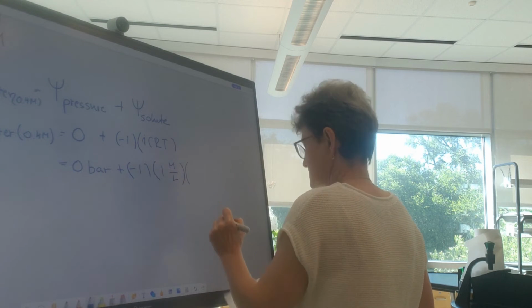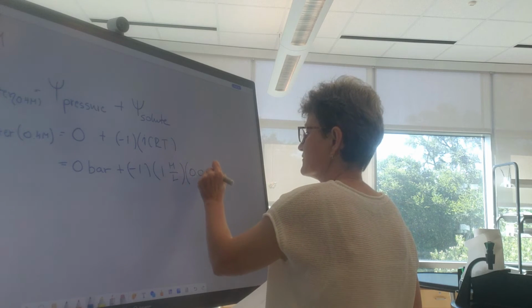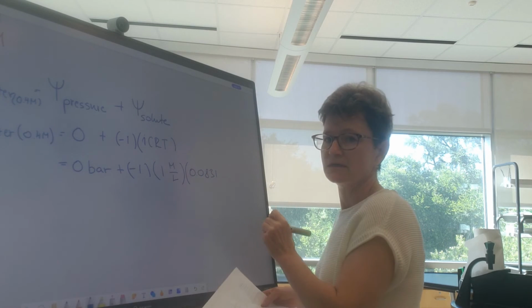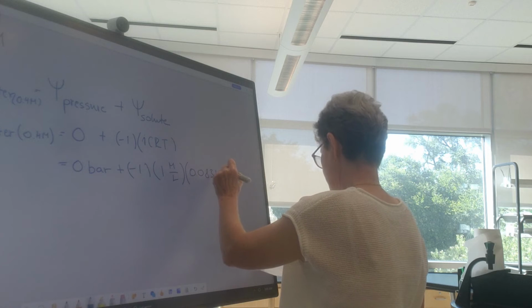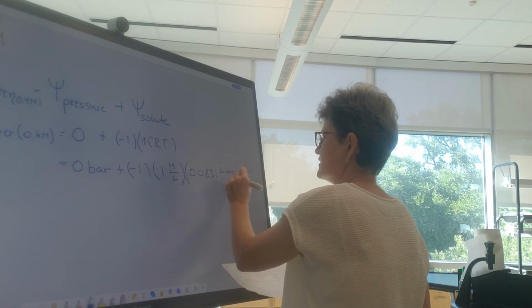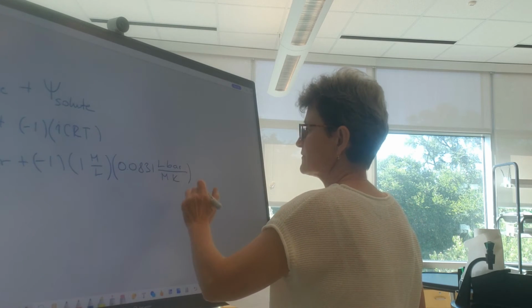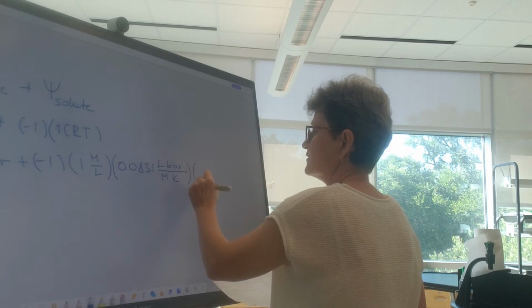The R is the pressure constant, that is 0.0831. The unit is liter times bar over mole times Kelvin, and we times that with the temperature.